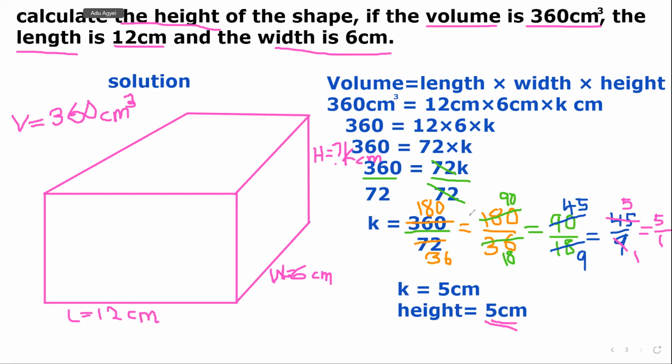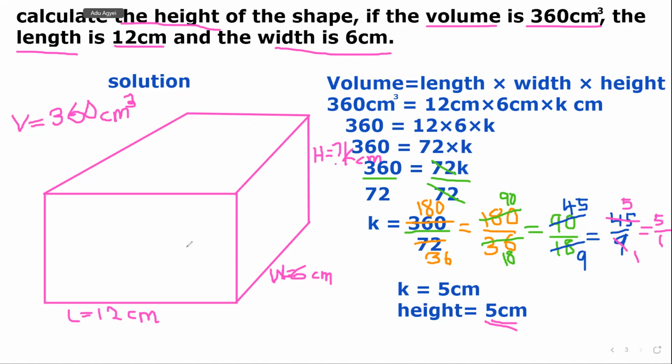So when you finish and you want to verify whether what you have done here is correct, you substitute the 5 into the equation and then you solve. So the 12 times 6 times 5 will give you 360. So 72 times 5, let's do small workings here to confirm it.